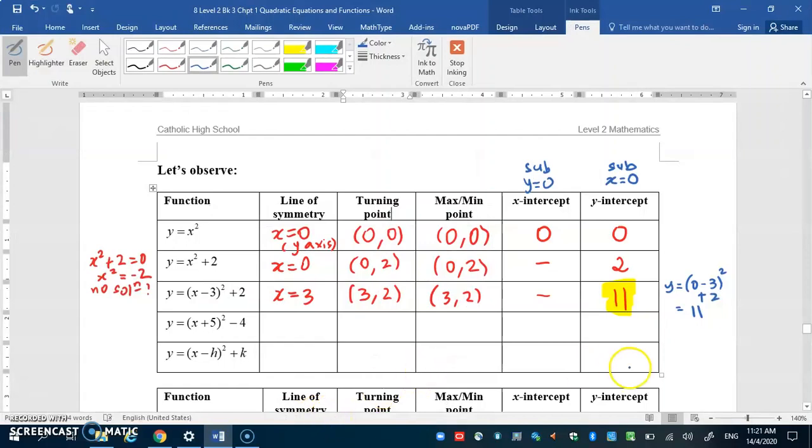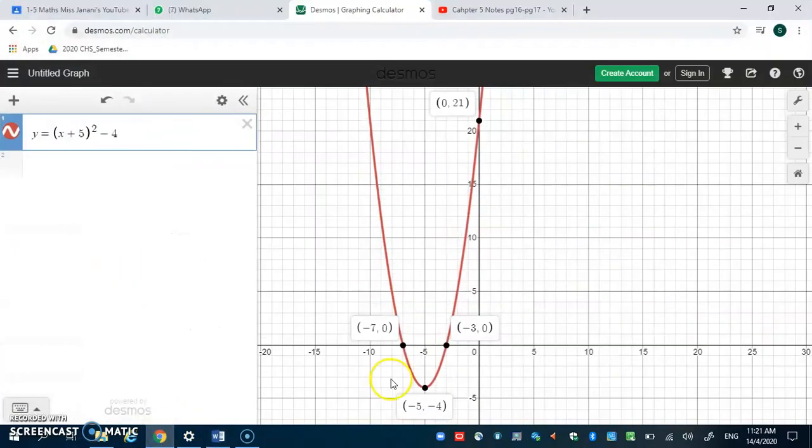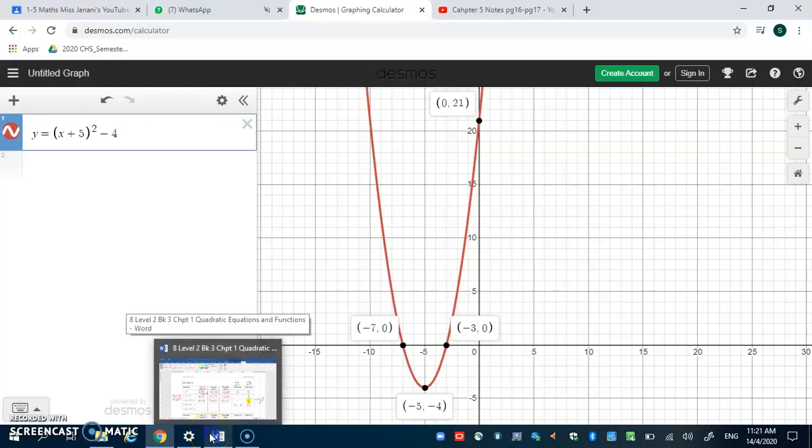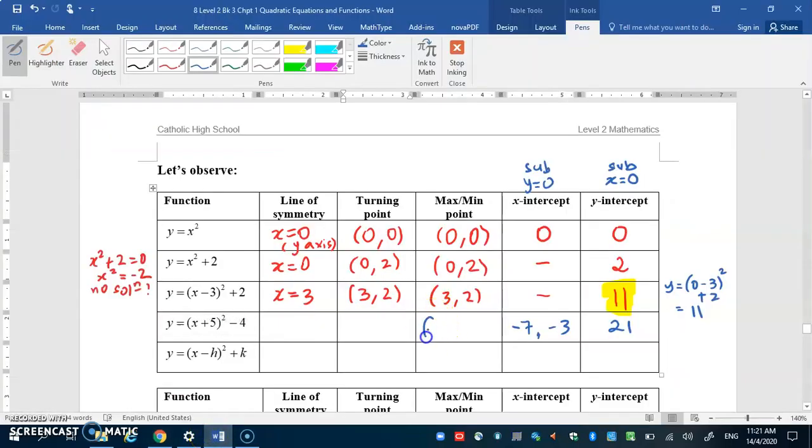Let's fill that up. Negative 7 and negative 3. The y-intercept is at 21. The minimum point is at negative 5, negative 4, which is also the turning point.